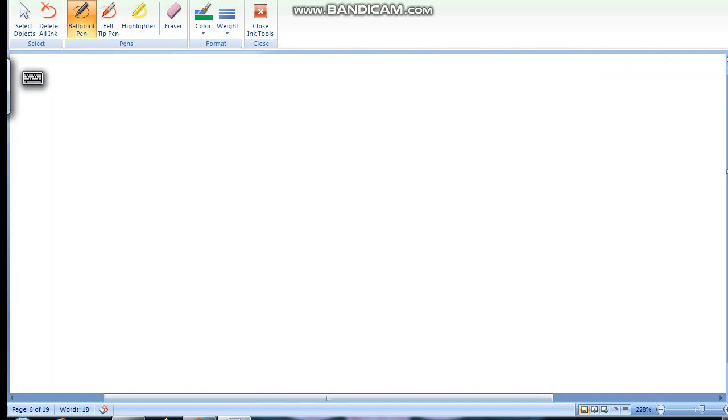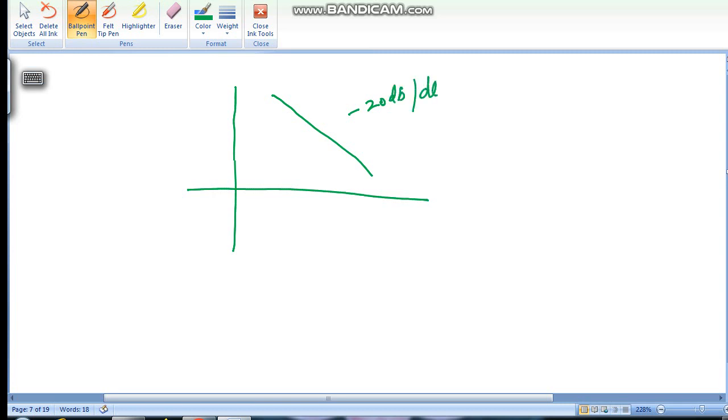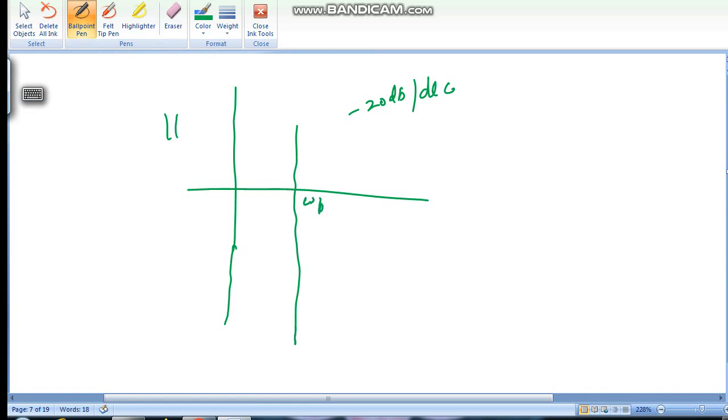Now how does the plot for a left hand pole look? This will be, you can say, minus 20 dB per decade, this is magnitude, and say this is omega p, the pole.